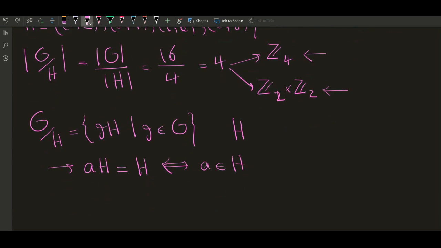Let's, for example, consider the coset (1, 1)H and find the order of this coset.